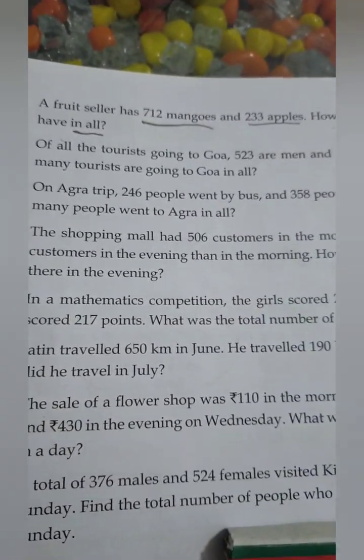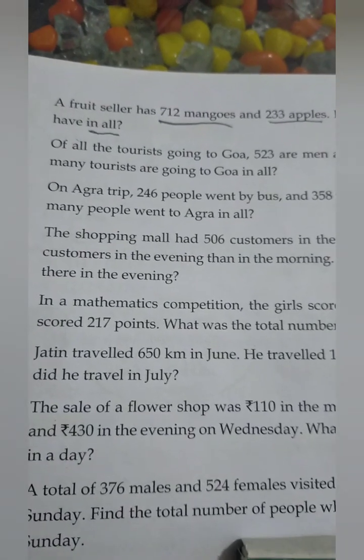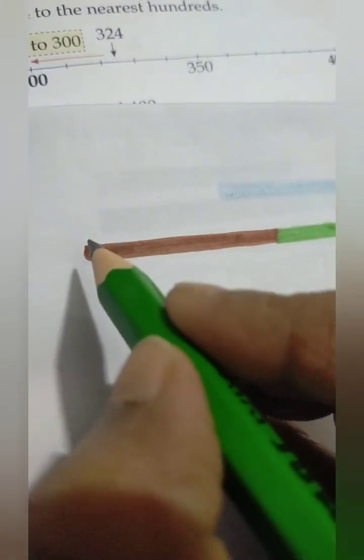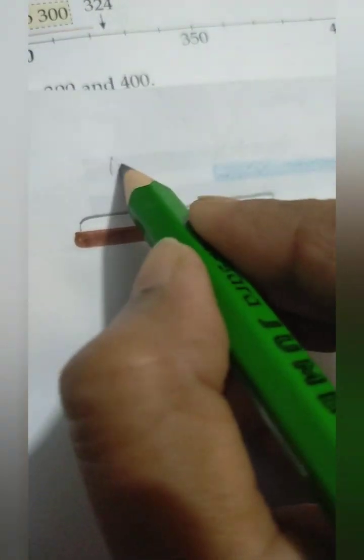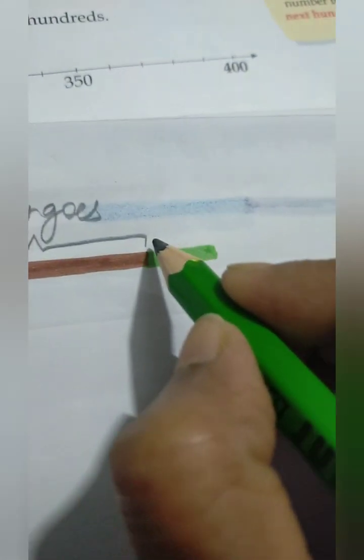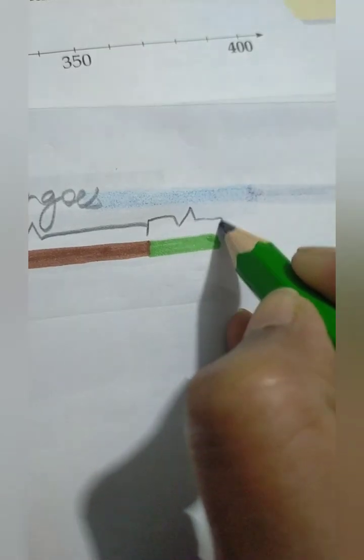So we will draw again the model, that is the part and whole model. Yes, so here these are the mangoes and these are the apples.